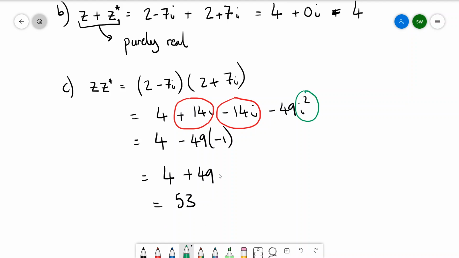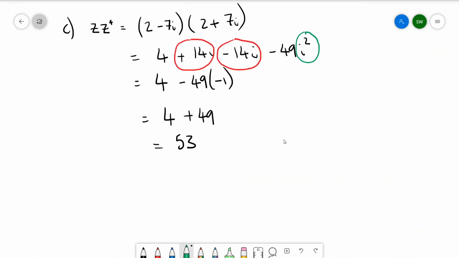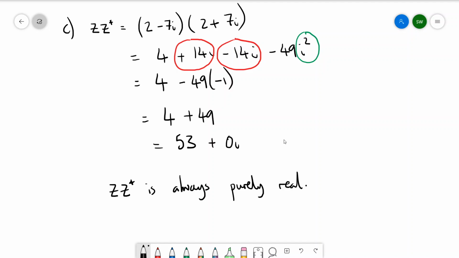So if you do z times z star, and there's lots of questions like this in the exercise, z times z star is always purely real. You're always just going to get a real number like 53. It's going to have an imaginary part of 0.